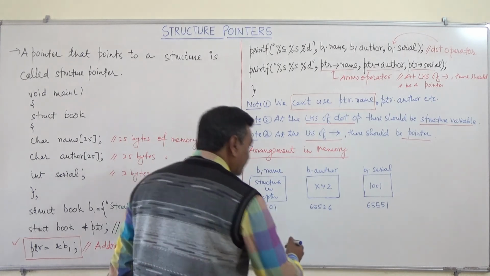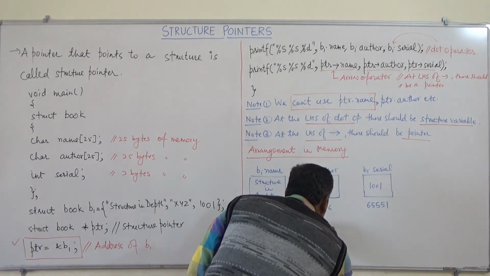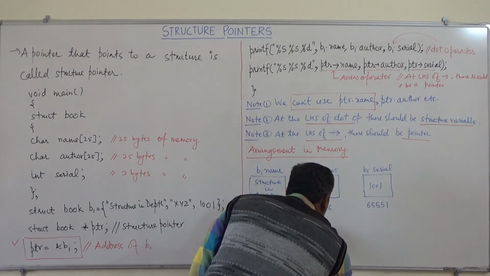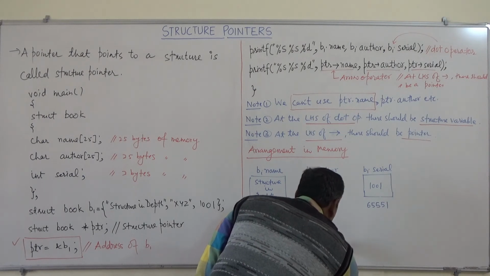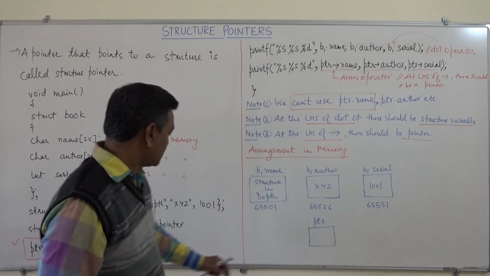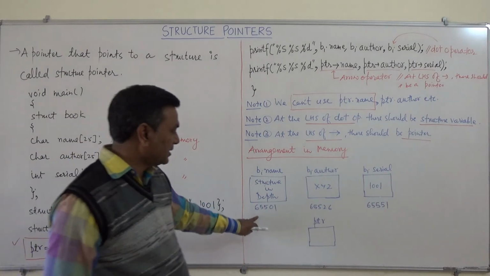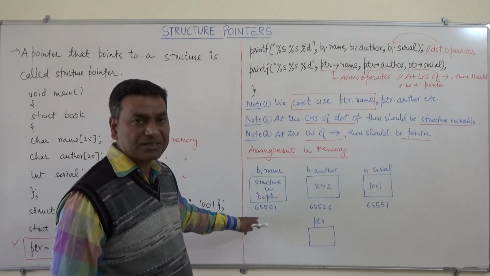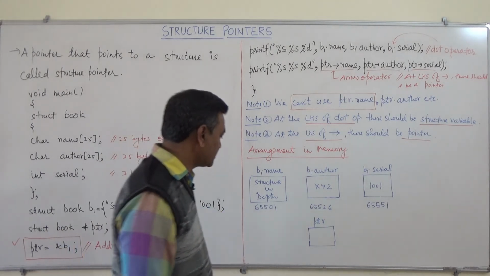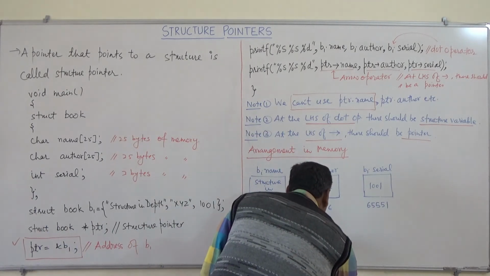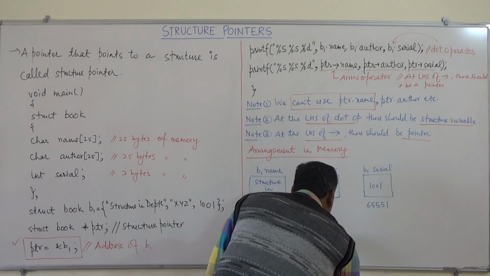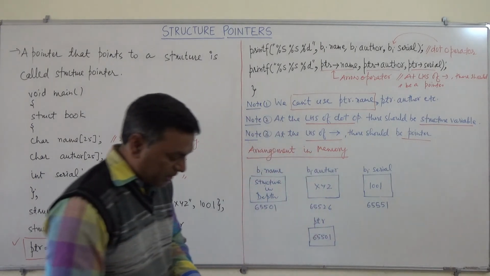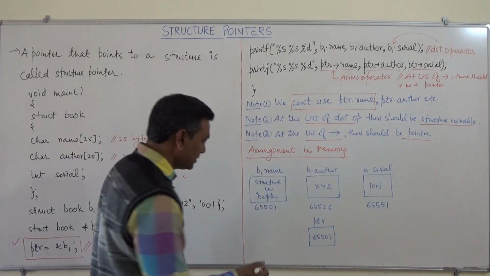Now if we talk about the pointer variable, this pointer will hold the address. It will basically hold the base address of the structure, and the base address is 65501. This is the important thing that we have to see.